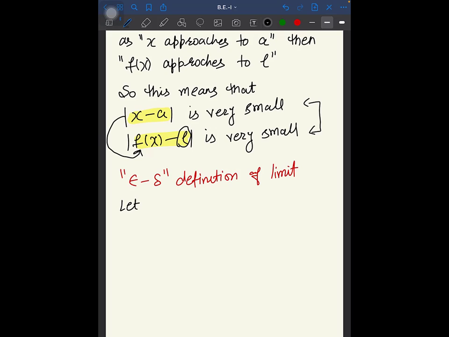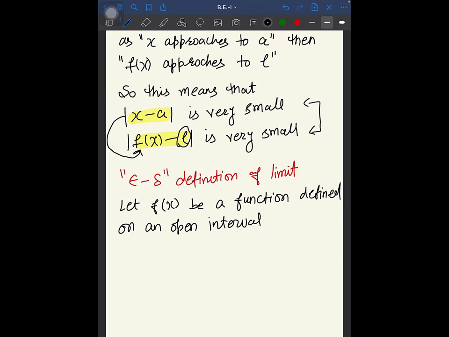So let f of x be a function defined on an open interval about x equal to a, and let the limit as x approaches a of f of x be equal to, let's say, capital L.